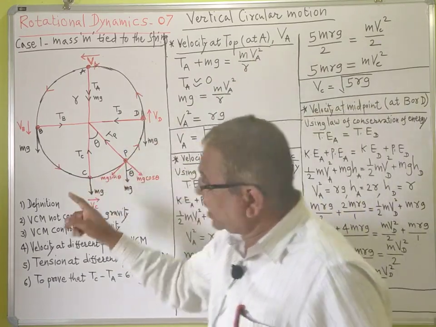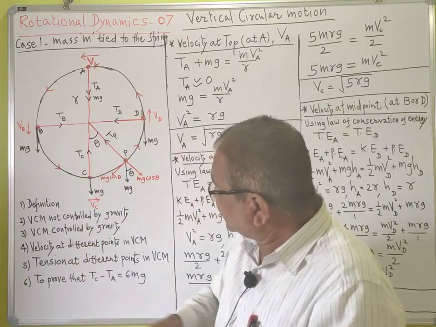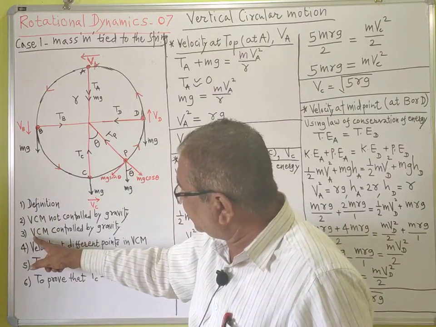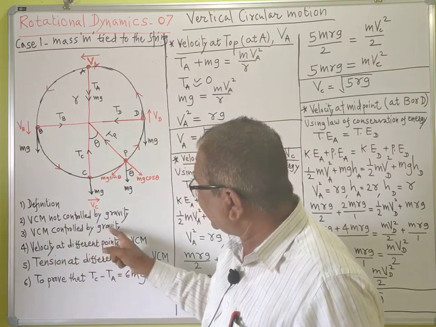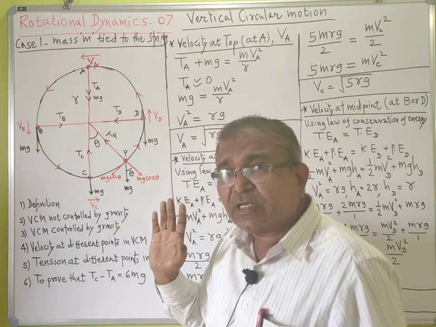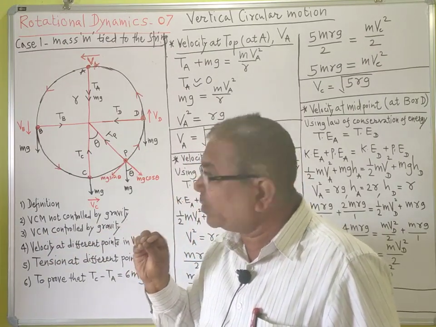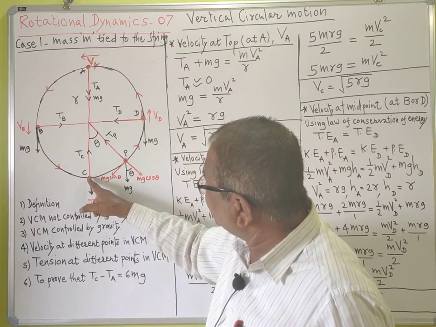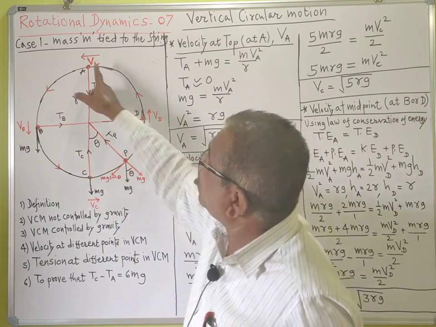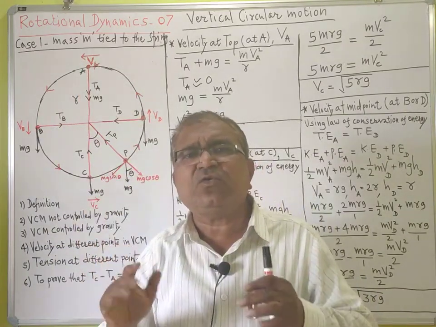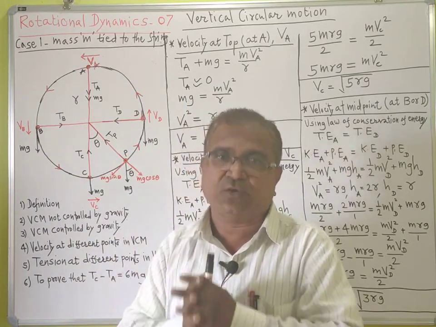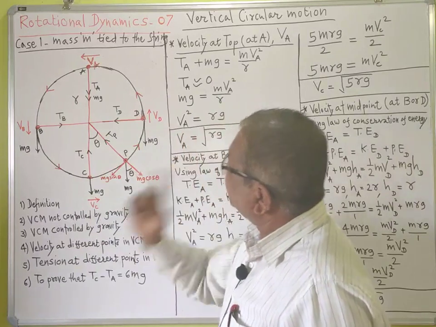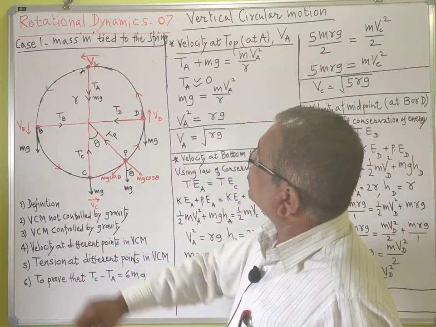But I have already told you that we have to learn VCM, vertical circular motion controlled by the gravity. And when it is controlled by the gravity, when the particle moves from bottom to top, velocity goes on decreasing. That I have already told. So listen carefully, dear student.